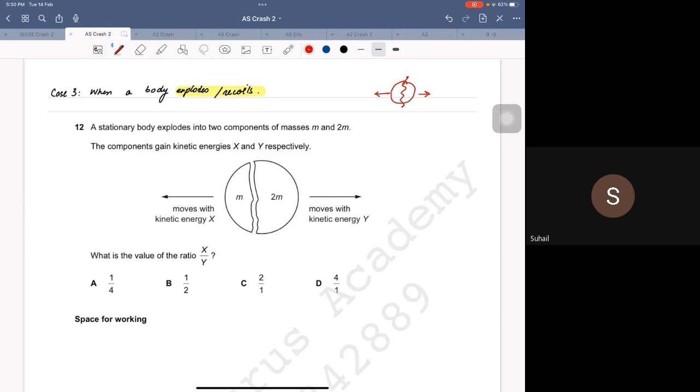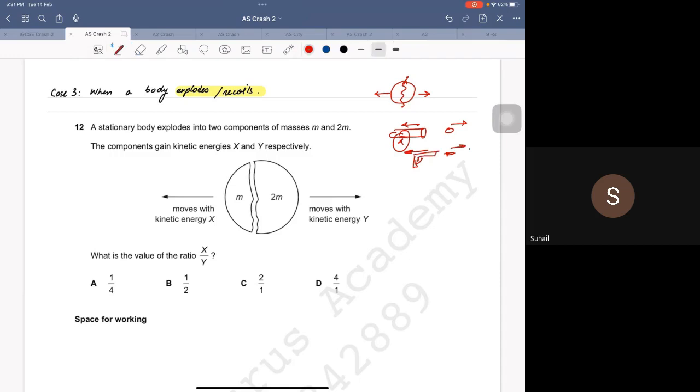So you just need to remember that. Like a gun or a cannonball, right? A cannonball is fired, the ball goes forward, the cannon goes backward. So that's recoiling, or even a gun. If you play shooting games, you might realize that when you shoot a bullet, the gun goes up or backwards, right? Because that's how recoiling works.